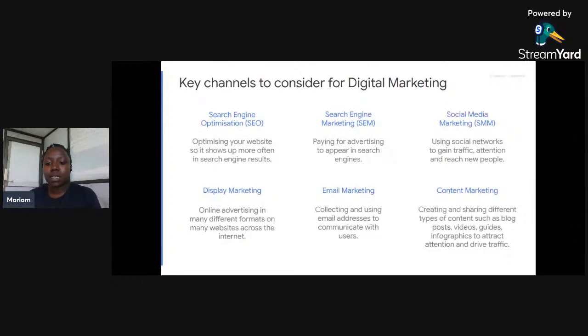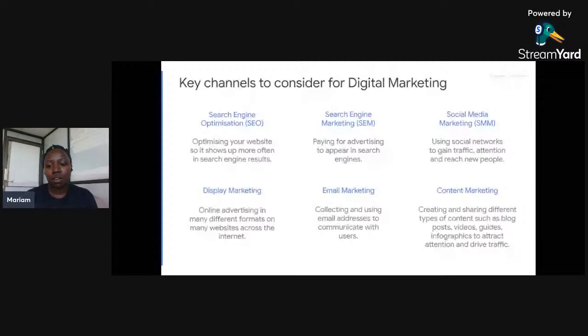And then email marketing. What is email marketing? With email marketing, you're collecting and using email addresses to communicate with users. If you've ever been searching for a product or a service, and you tap on a particular website, then as you're scrolling, they ask you to subscribe for a newsletter, or for knowledge about the product, or for an ebook.